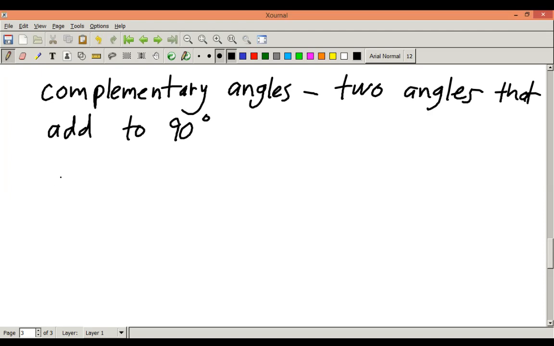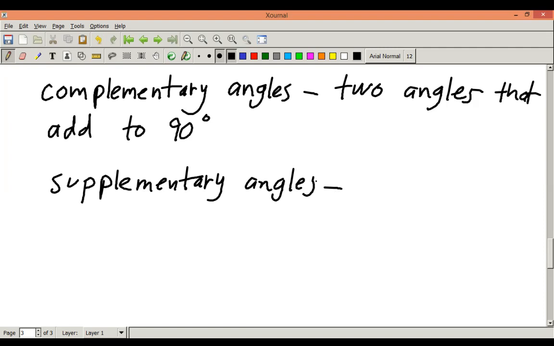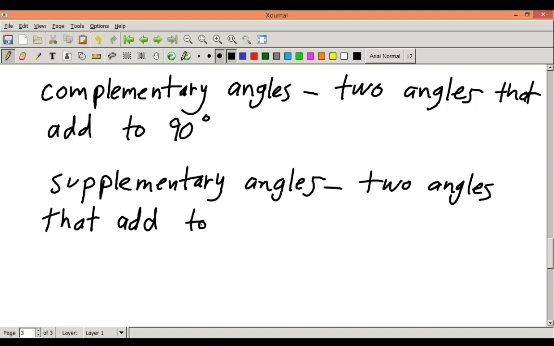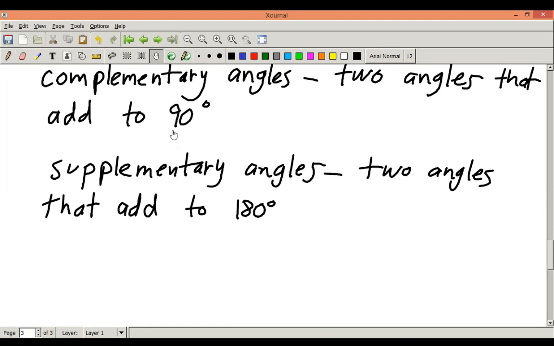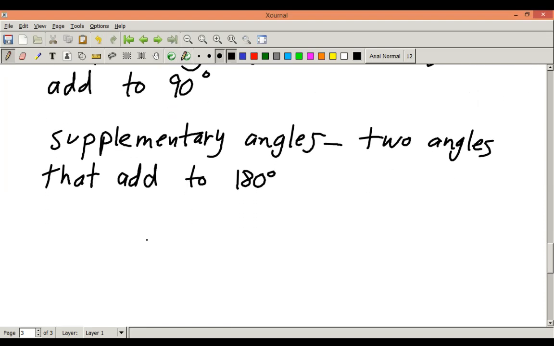And let's get one more definition in here before we look at some examples. Supplementary angles are two angles that add up to 180 degrees. So let me draw some angles up here and then we'll talk about them. So there's your definitions, so don't forget those.